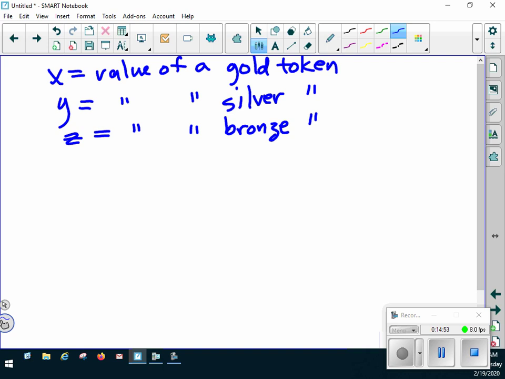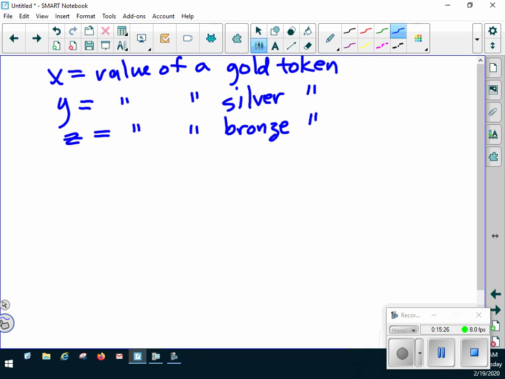Here we go. For $20, you can purchase 14 golds, 20 silvers, and 24 bronze. It's $20. Now let me ask you a question. Sarah said, does every one of these equations equal 20? Yes.